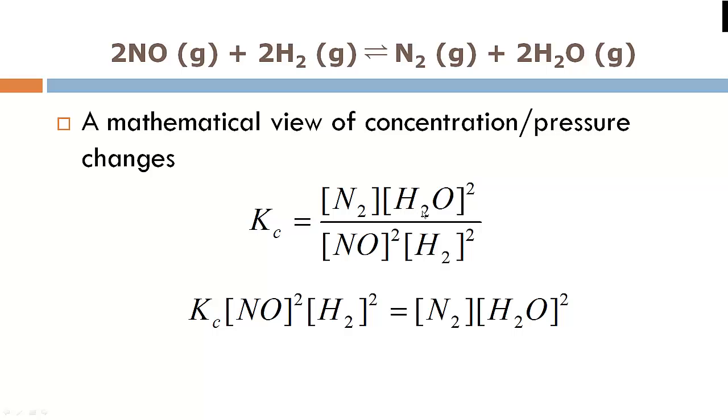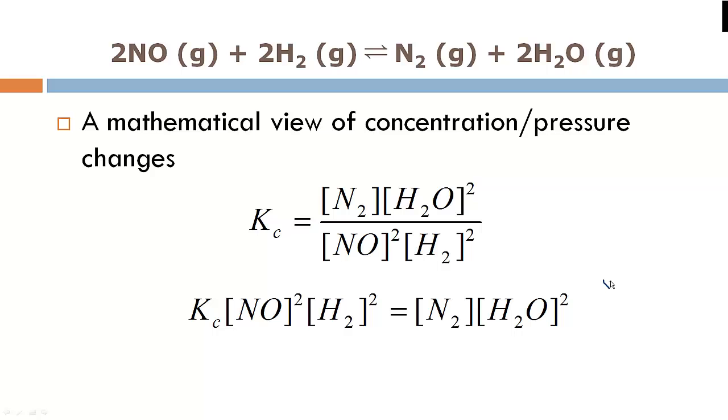So let's think about the same reaction, the NO and H2 reaction, and write out its equilibrium constant expression. You can rearrange this to get everything out of the denominator. So you have Kc times NO squared times H2 squared equals N2 times H2O squared.